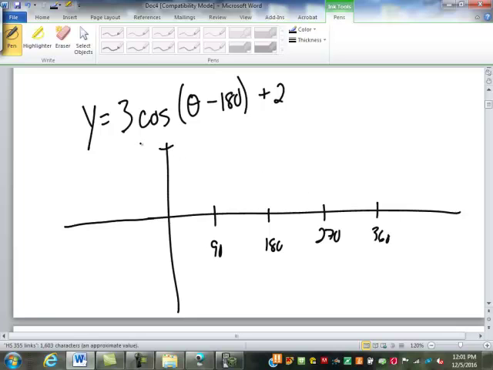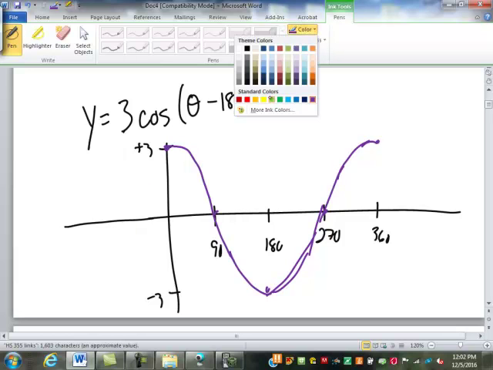I have to go up to a positive 3 and then down to a negative 3. I didn't multiply the theta here because that can cause some issues. So I'm going to sketch out my graph like that. Now I'm going to go backwards.